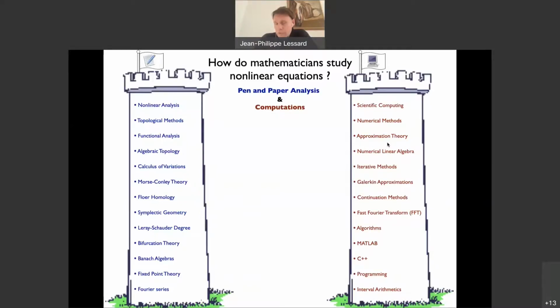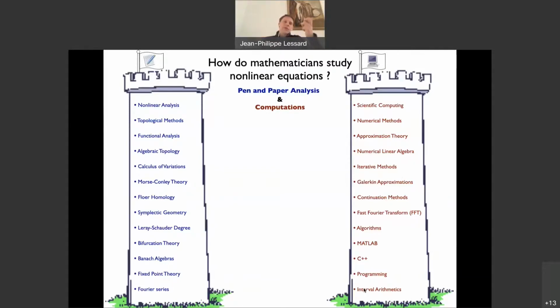I'm going to use a lot of these tools today. In fact, I will use tools from both worlds: scientific computing, Galerkin approximations, continuation methods, the fast Fourier transform, and interval arithmetic to actually control floating point error, and so on.